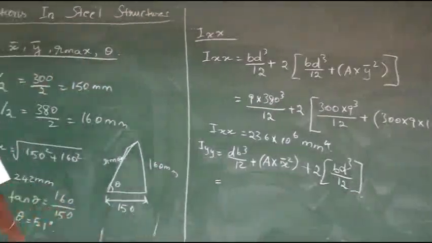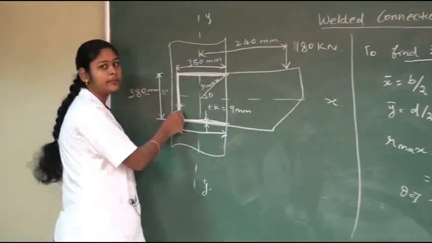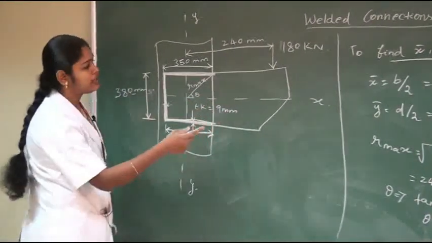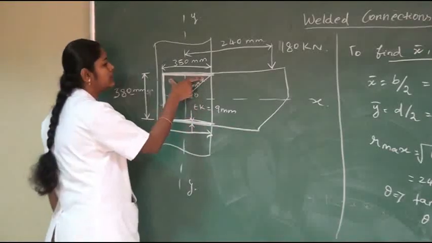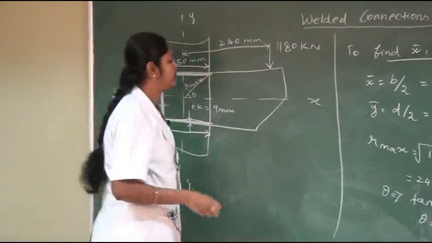The depth here is the same, 380 mm, and the breadth is 9 mm. The next portion, dB cube by 12, here is 300 and this depth is 9 mm.